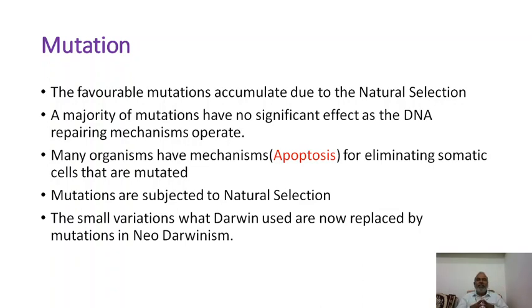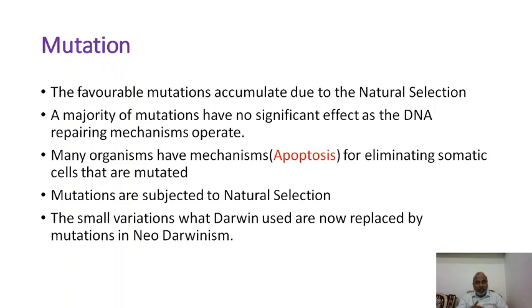A majority of mutations have no significant effect, as DNA has repairing mechanisms to operate. Before they can affect anything, they can be repaired. Many organisms have mechanisms for eliminating somatic cell mutations.